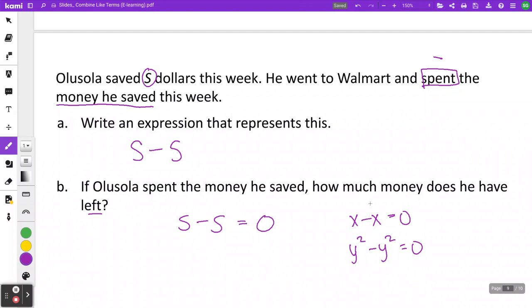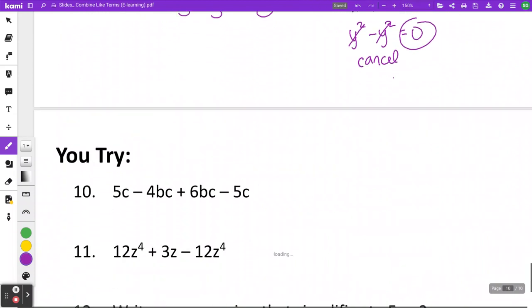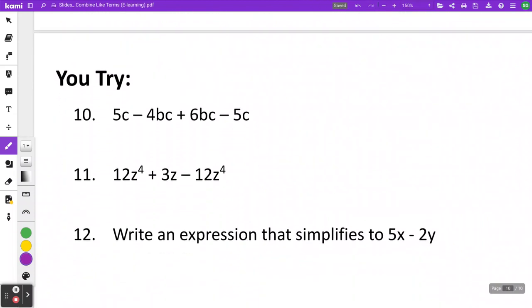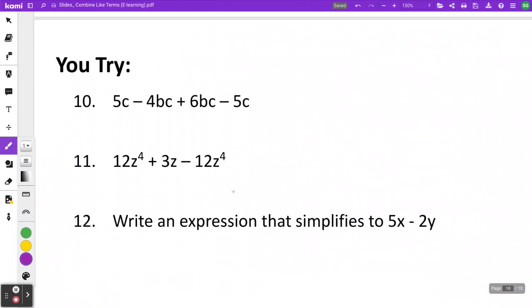So notice all of these problems, we are subtracting the same two terms. The word you hear a lot of times is that these terms cancel. In this situation, the word cancel just means it equals 0. So the very last part I have for you is let's look at some expressions where we might need this information.